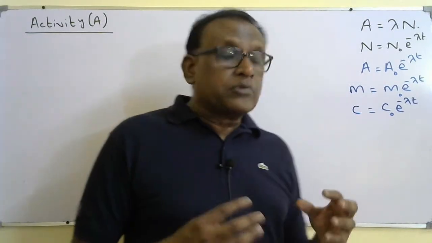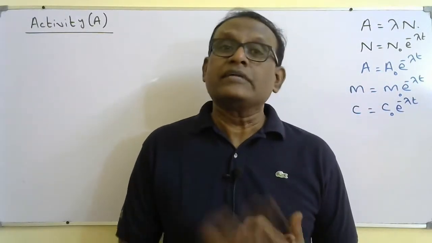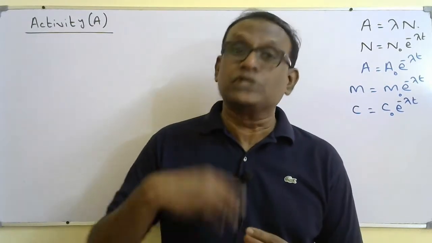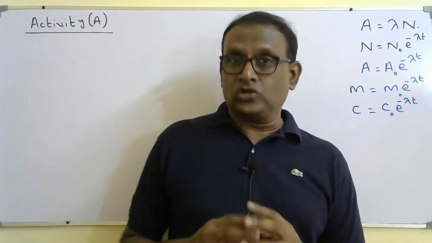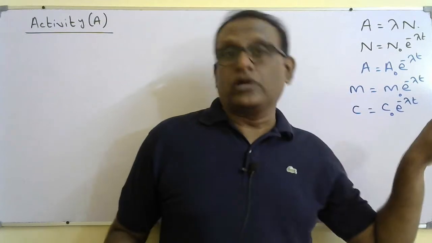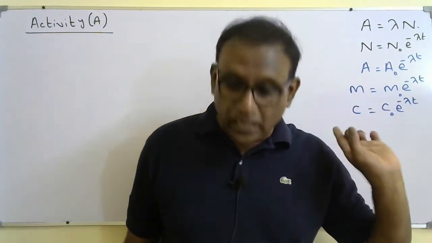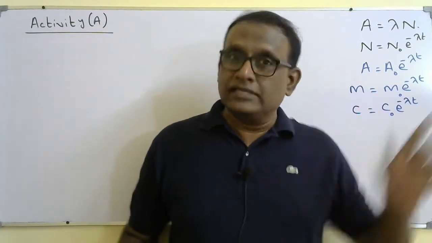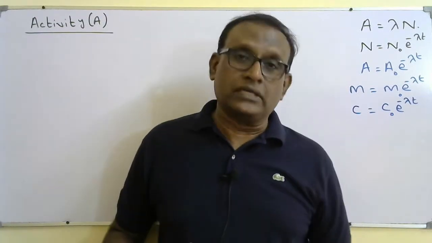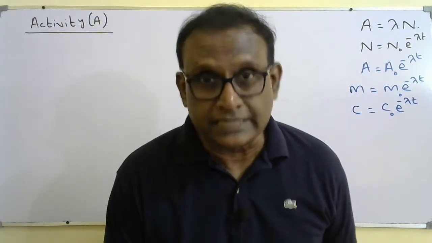So the activity or the count rate will not follow this mathematical model. This we got through the mathematical model, but it will tally with the practical model when there are a larger number of radioactive nuclei present in the sample.